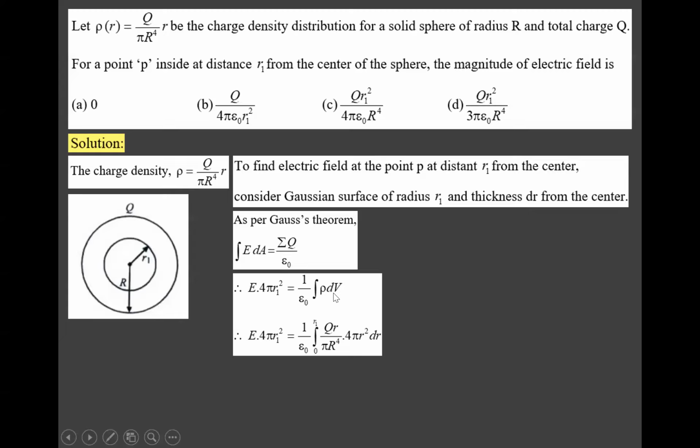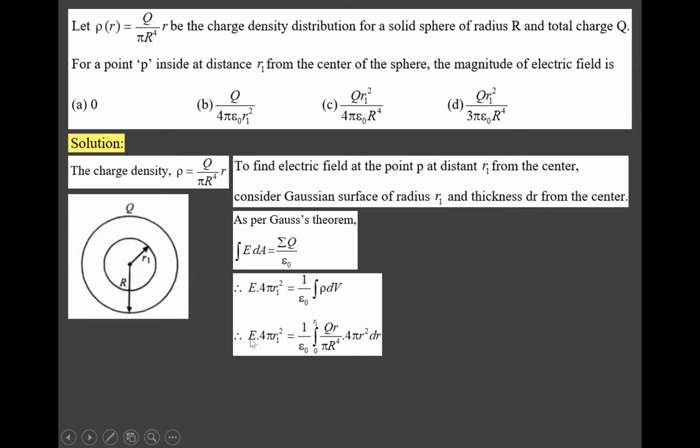Now dV is the volume of this thin Gaussian shell, that is 4 pi r square, its area, into its thickness dr. Now here 4 pi will cancel on both sides.